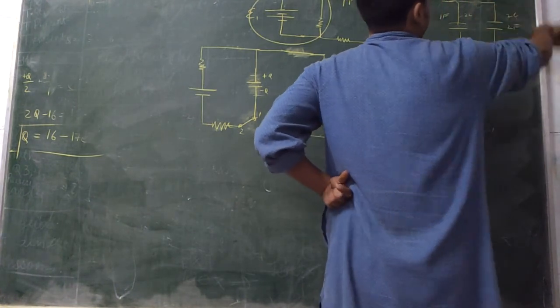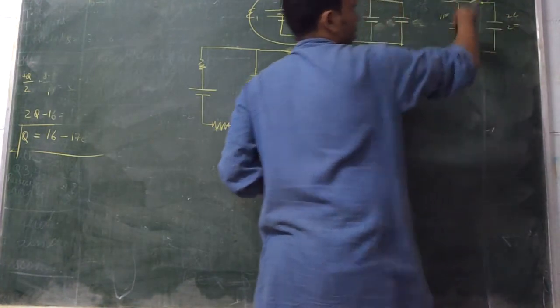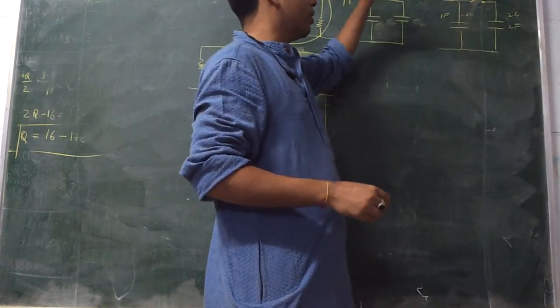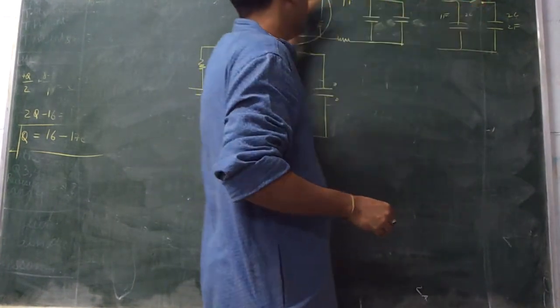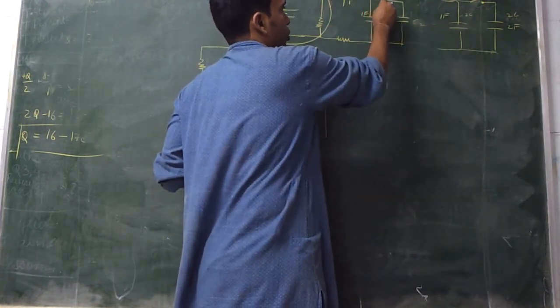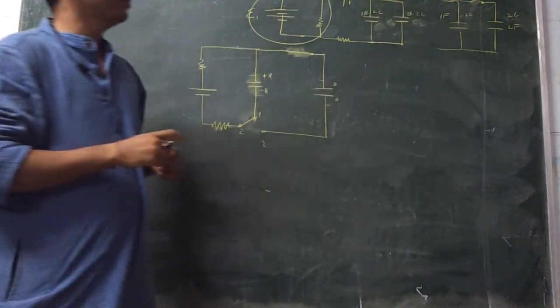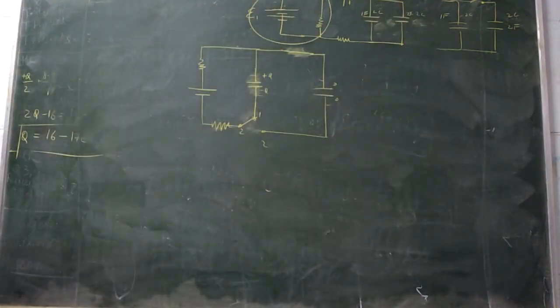This was charged by some circuit and this was charged by some other circuit, and then that circuit was removed. When you close this and you put this into operation, this is like this: 1 farad, 2 coulomb, 2 farad, 2 coulomb. They ask you what is the charge on the capacitor after a certain time.